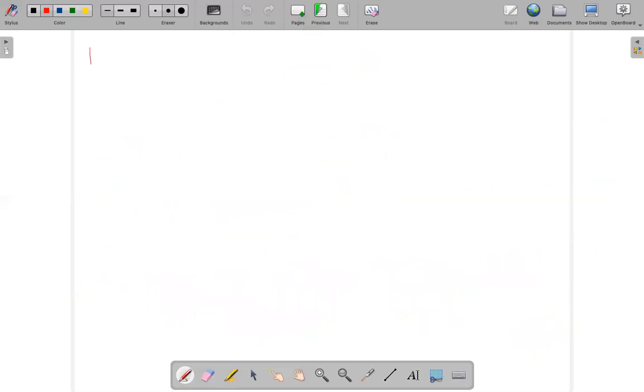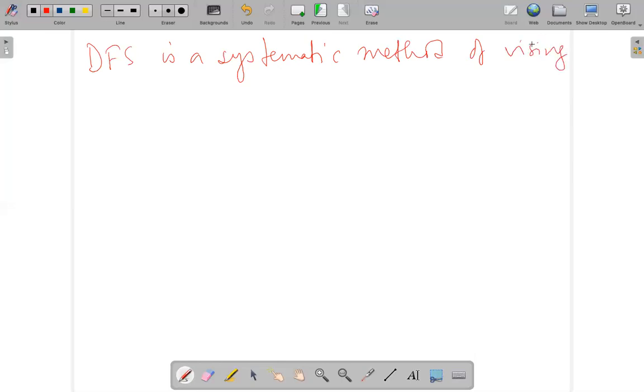Depth first search, or DFS, is a systematic method of visiting the vertices of a graph.